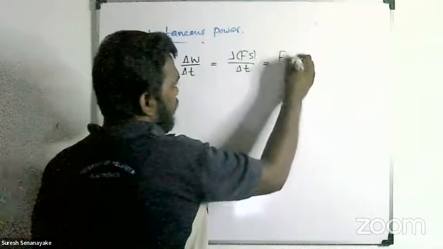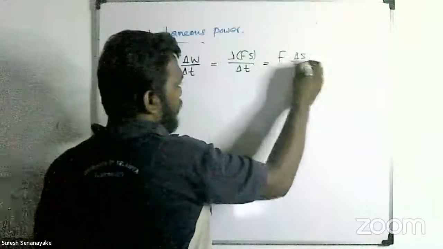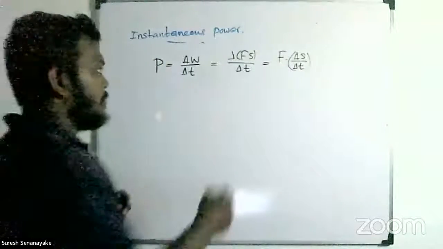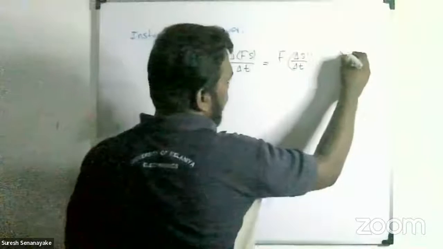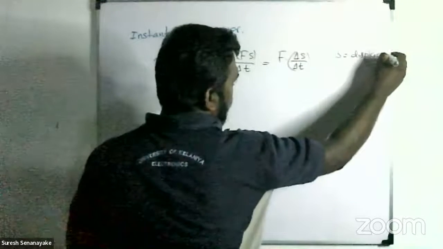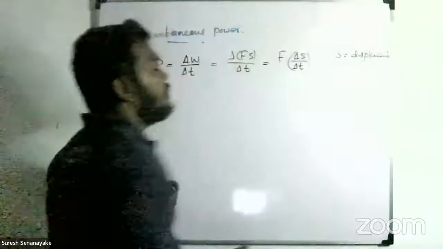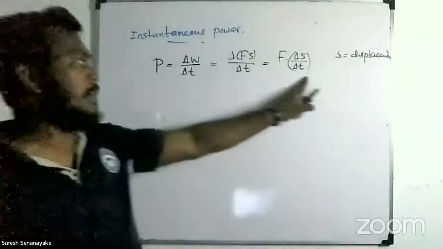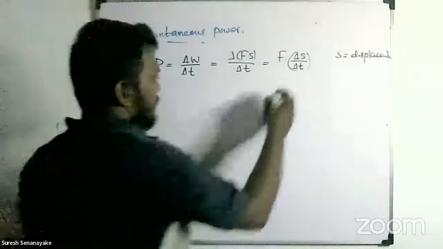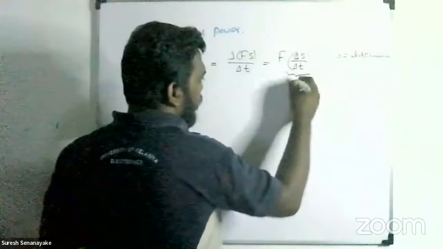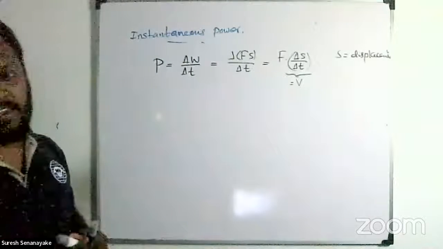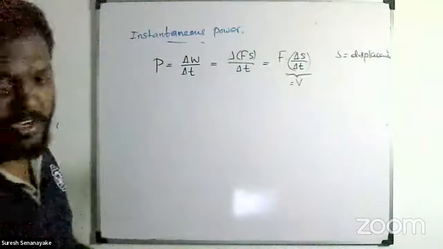If a constant force is applied, so delta S over delta T. So delta S means the displacement here, right? Displacement divided by the time taken, that's the rate of change of the displacement, is the velocity. This is the instantaneous velocity, that's the velocity of the body at the time you considered, right?